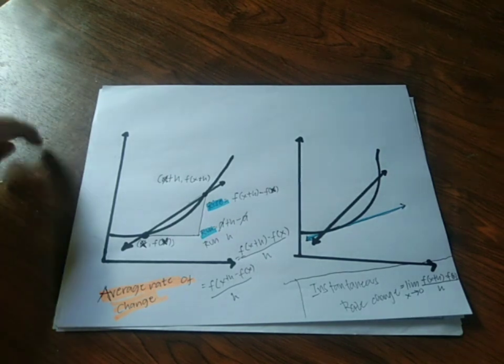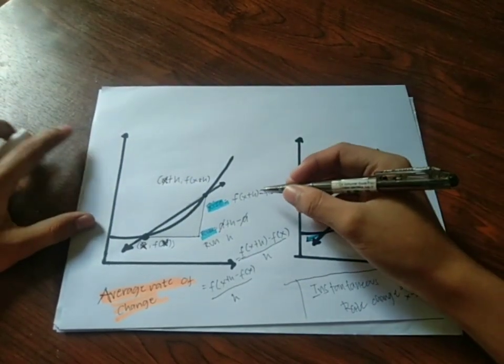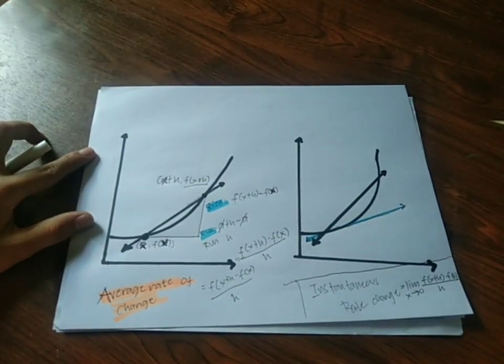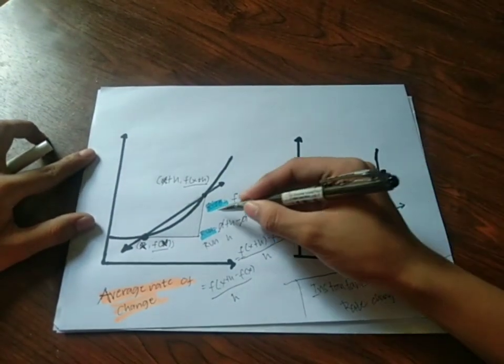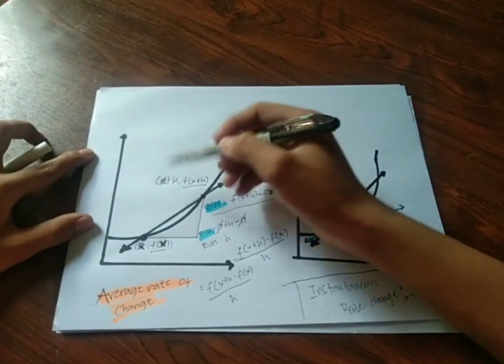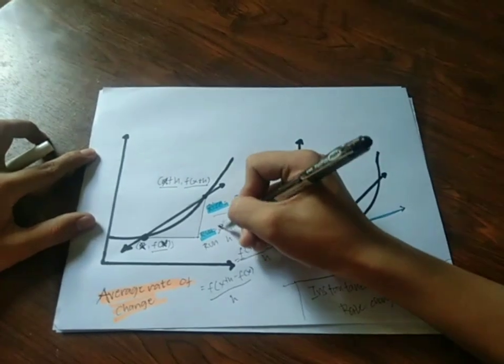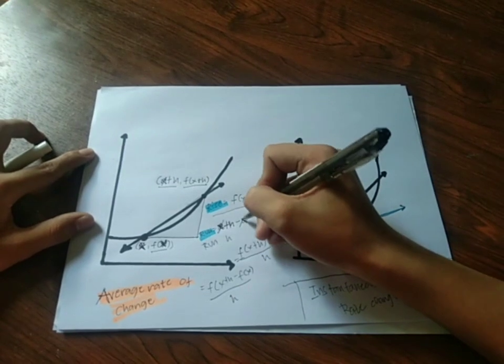So to find the slope of this secant, you will use rise and run. The rise is f of x plus h minus f of x, and the run is x plus h minus x.